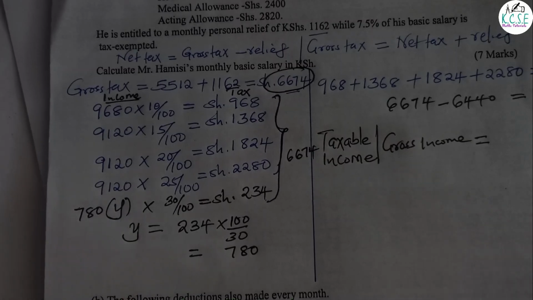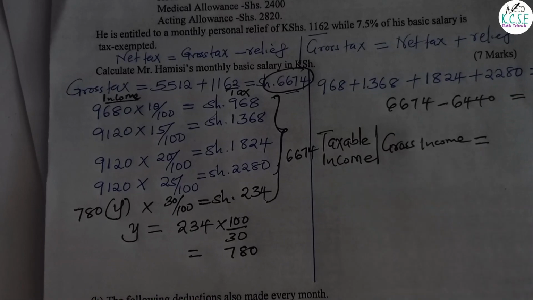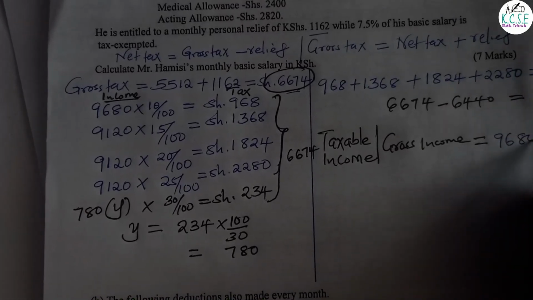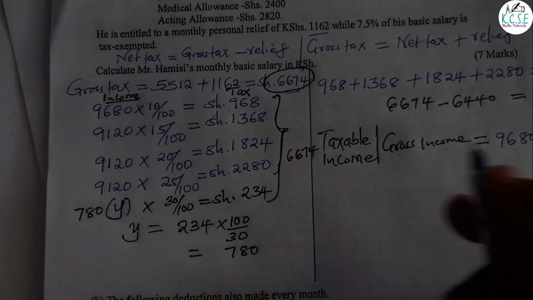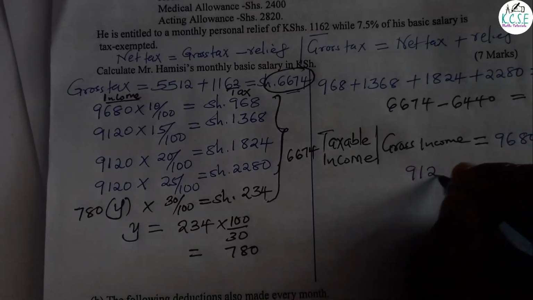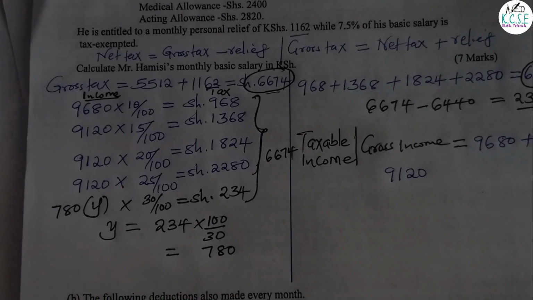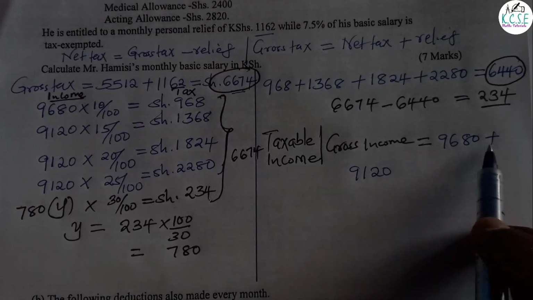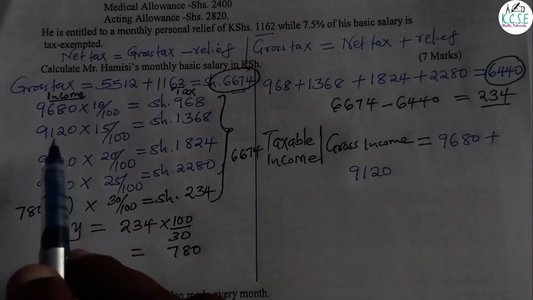So we need to add everything. There are 9680 plus 9120, and the 9120 appears three times.